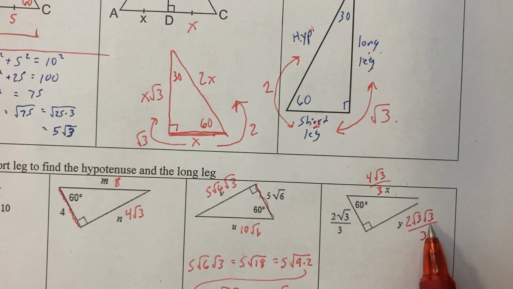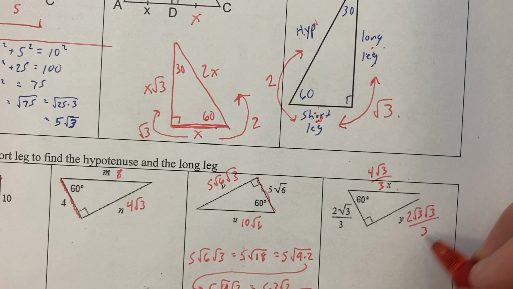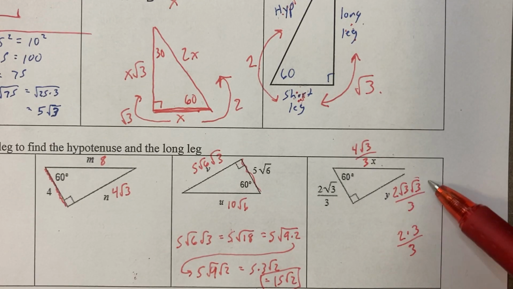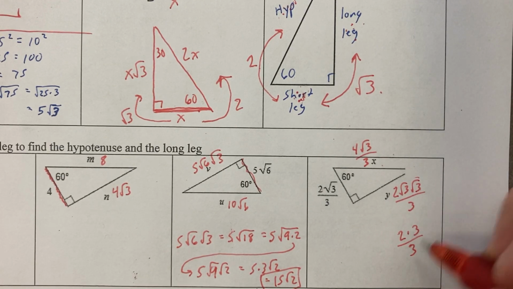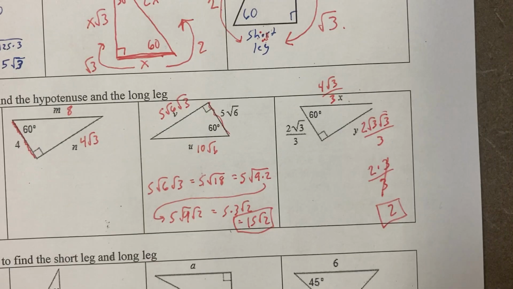See how I tacked on an extra root 3? Because that's what you do. We had to multiply by root 3, which ends up being 2 times 3 over 3. That just simplifies to 3. And then those cancel out, and I'm just left with 2. So y is equal just to 2 in that picture.